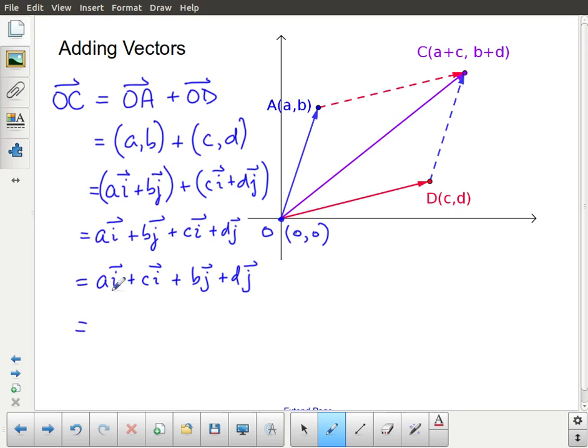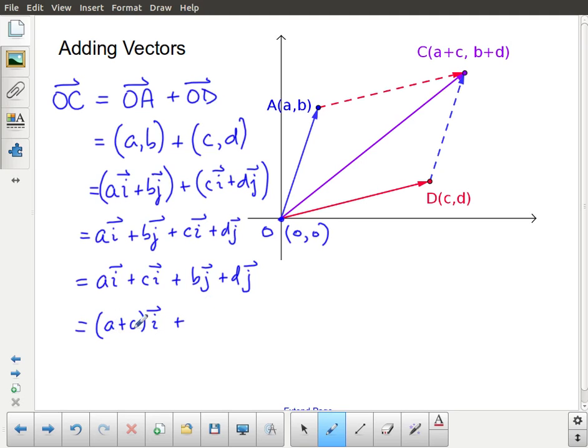And algebraically, we can think of these i and j vectors as common factors. So I actually end up with A plus C, and the common factor is i. Normally we take common factors out front, but because this is the direction vector, it's actually preferable to leave it on the end like this.